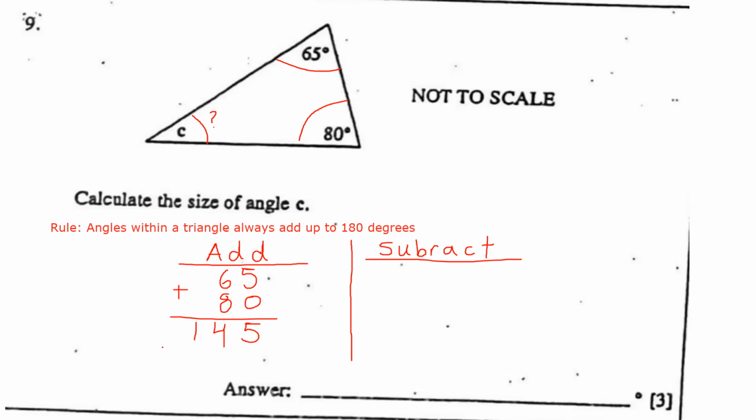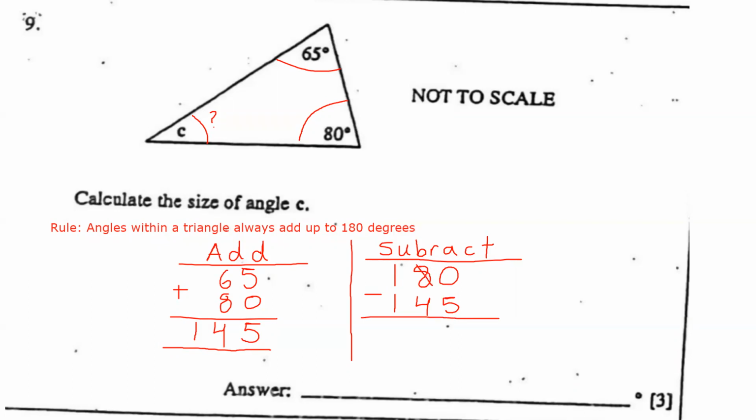Now the next thing, what's the next thing? Next thing we're gonna do is subtract. So we're going to subtract what? 180 and what? 145. Let's subtract 180 and 145. So we have to find the difference between 180 and 145. Well, 0 minus 5, we cannot do that.